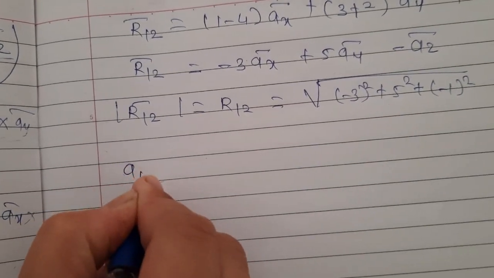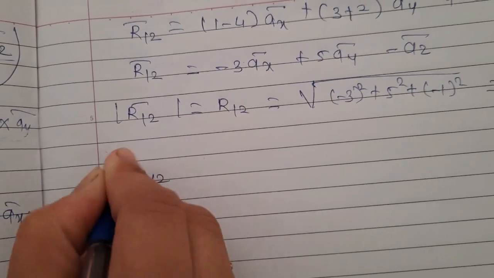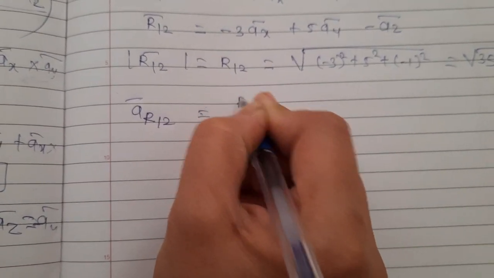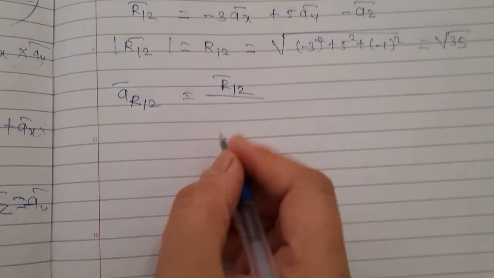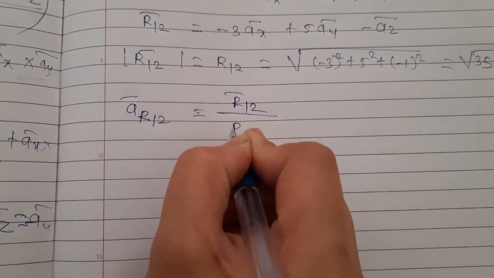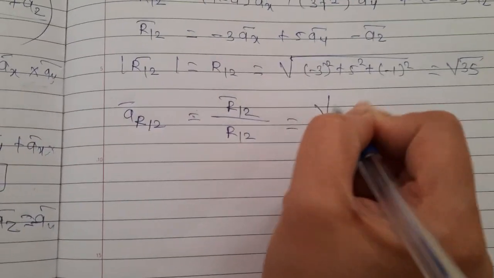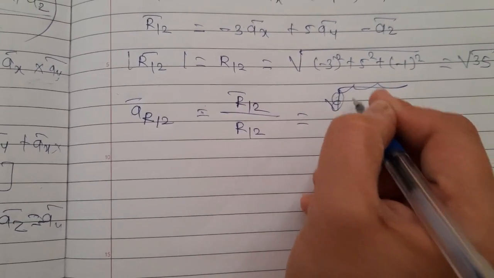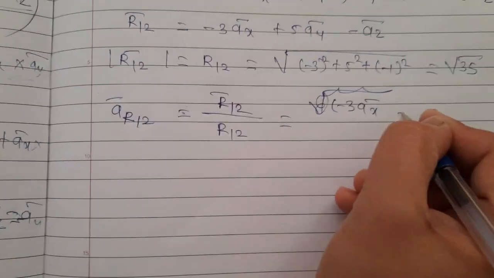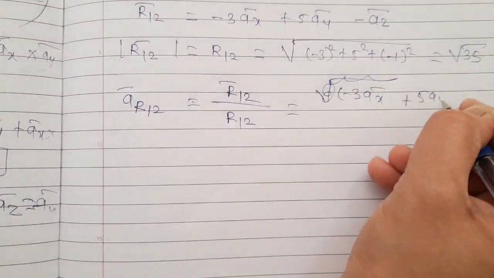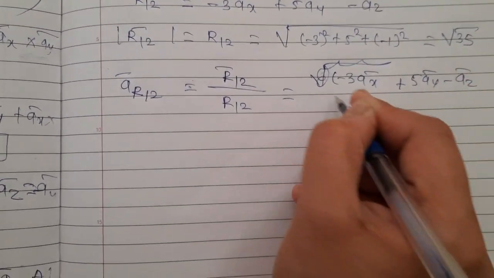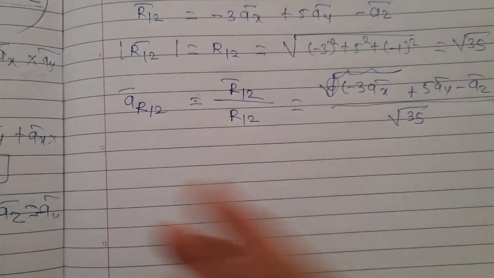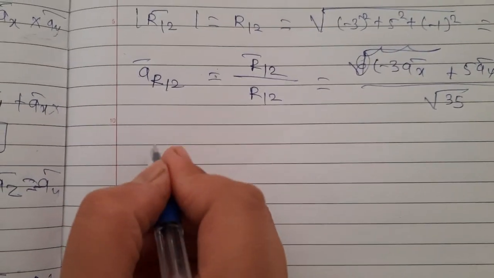Now we can find the unit vector aR12 bar, which is equal to R12 bar divided by the magnitude of R12. So it is minus 3 ax bar plus 5 ay bar minus az bar divided by square root of 35. So put this value in equation 1.